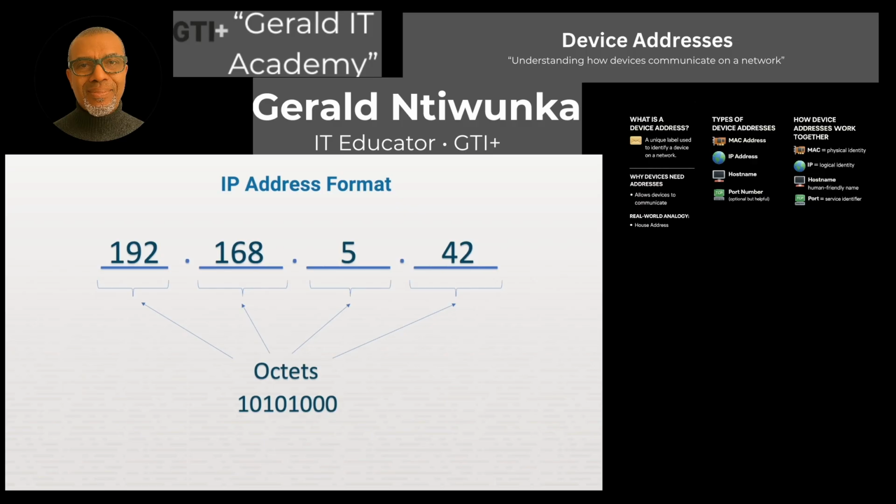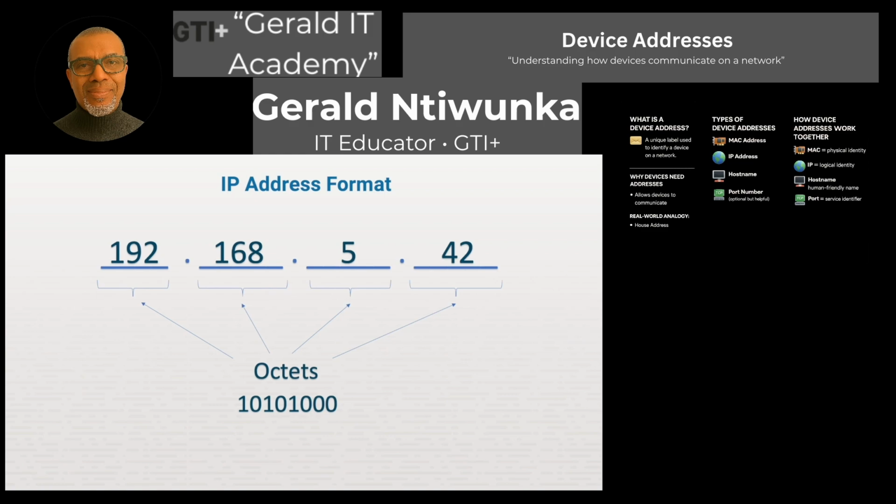This number format is called IP version 4. It works great with one small problem: as more devices connect to the network, we will eventually run out of available IP addresses.